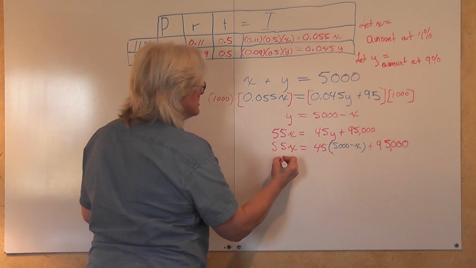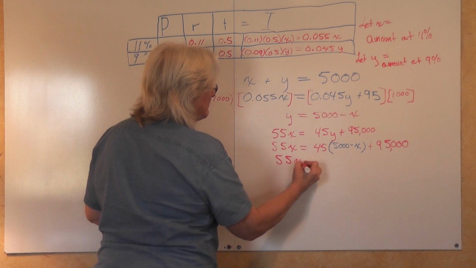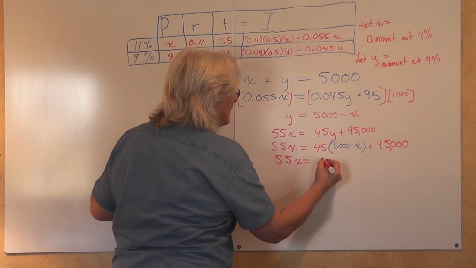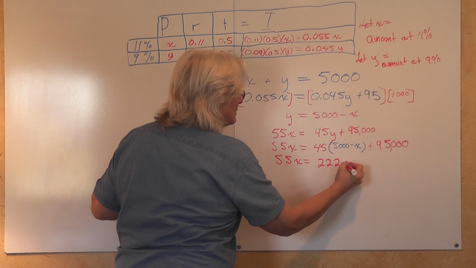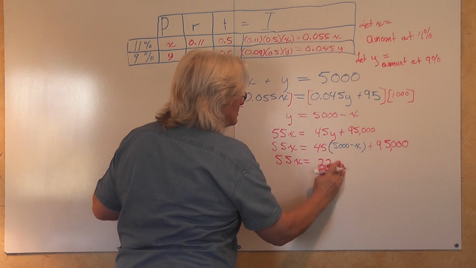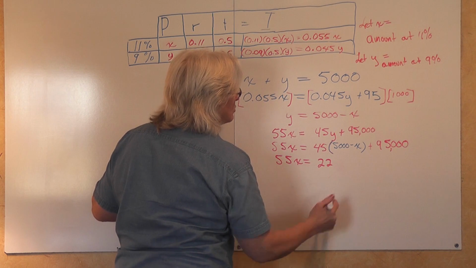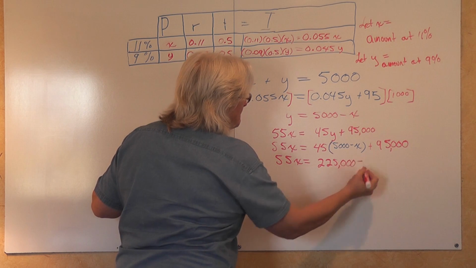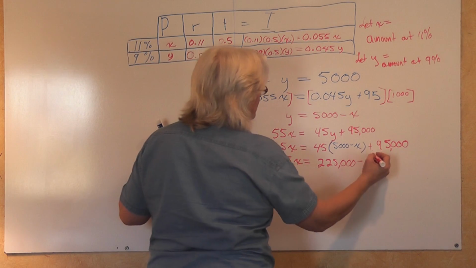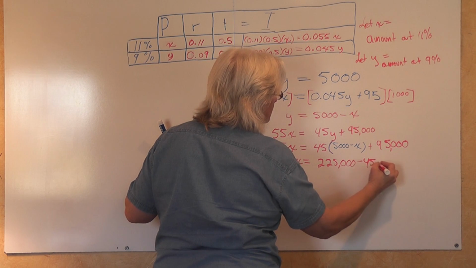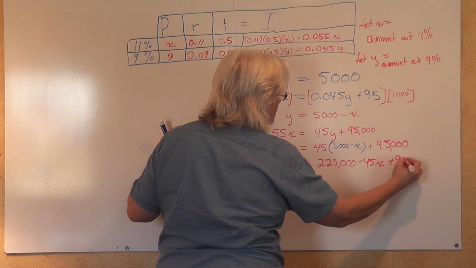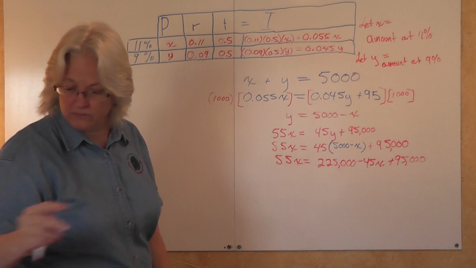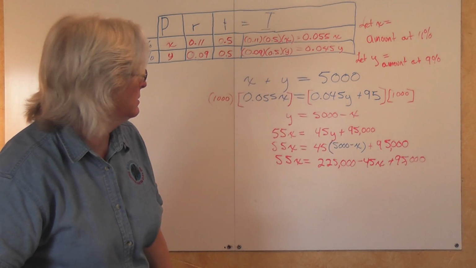Do my multiplication. 55x is equal to 45 times 5 is 225,000. 225, not 222, 225,000 minus 45x plus 95,000. Let me make sure that I've got my multiplication correct.